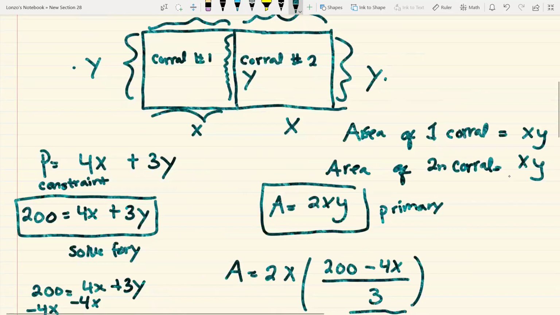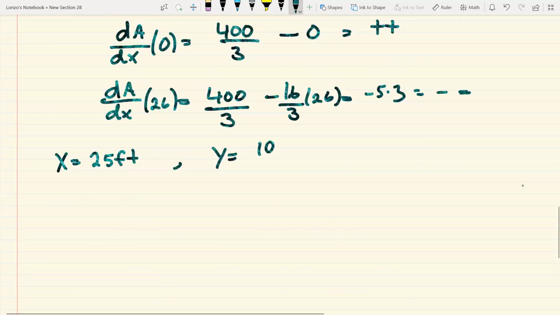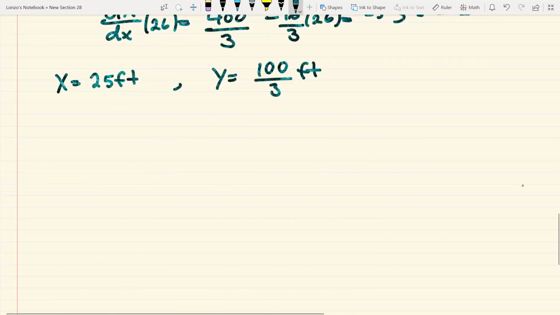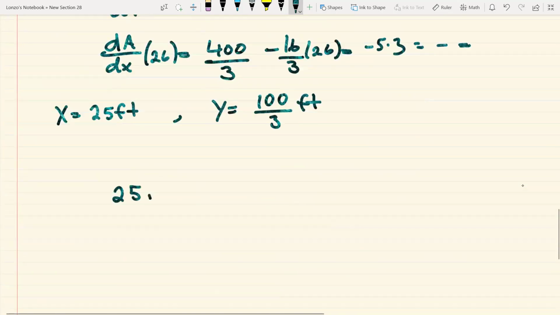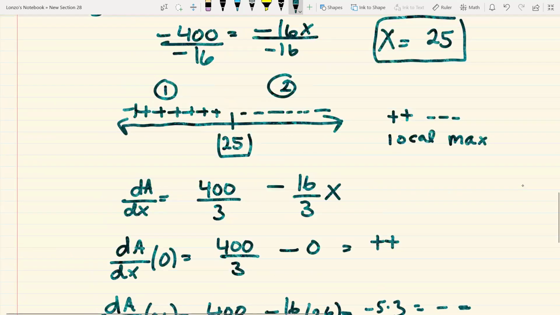So our y value will be 100 over 3 feet. So what are the dimensions that maximize these two corrals? It would be 25 feet by 100 over 3 feet. So these are our dimensions. Okay, so that wraps it up for this optimization problem.